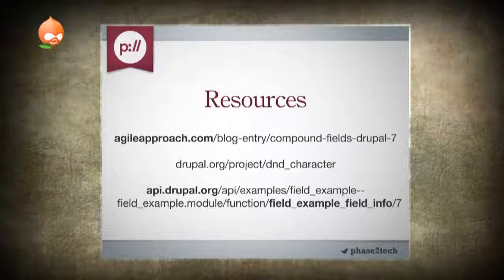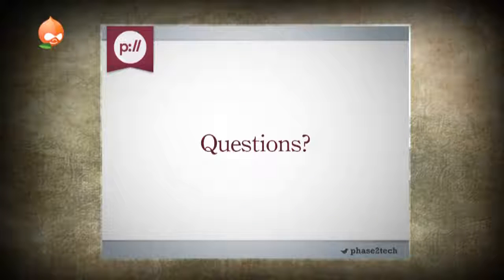And so it's a good example of something completely non-geeky, sort of non-geeky, another approach to learning the Fields API. So those are some good resources that I would recommend if you're interested in learning more about Fields API. So any questions?